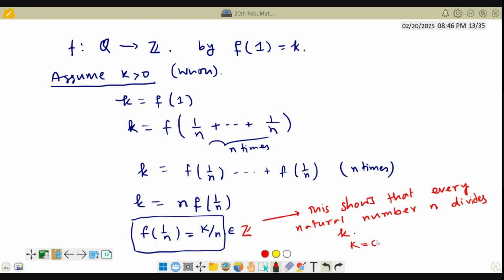The only possibility is K is 0. So ultimately f is 0. Is it clear?